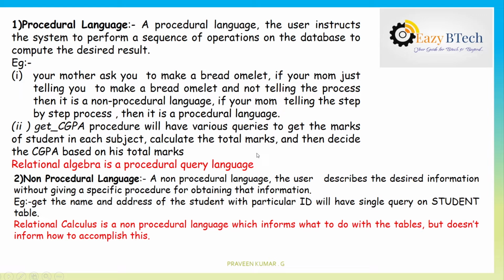Suppose you have around 20 subjects and you gained 1200 out of 1800. Then we can find the CGPA. That whole procedure is a procedural programming language.